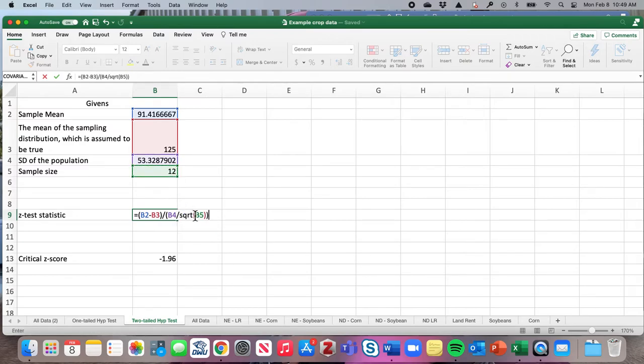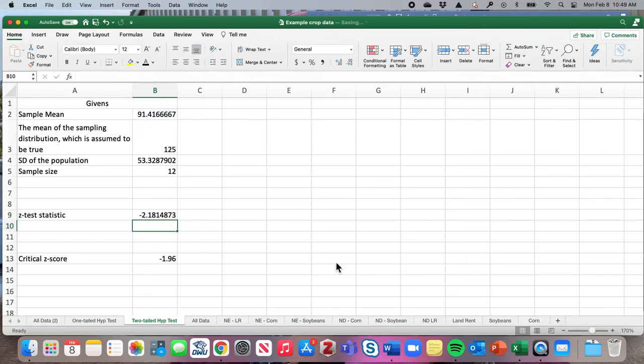And we have to put 2 parentheses there because we're closing up both of those parts of the formula. Hit return. And we get a z-statistic of negative 2.18.